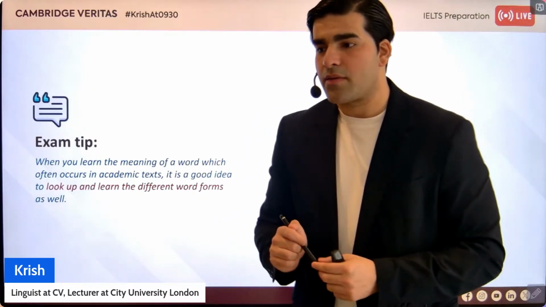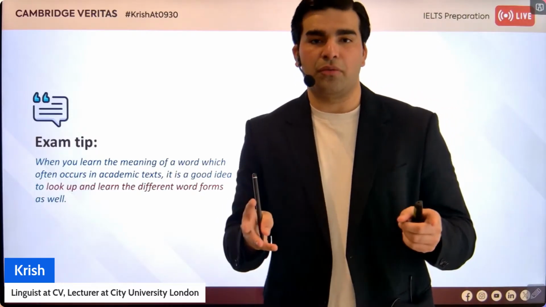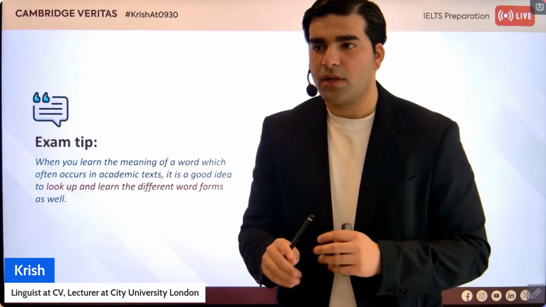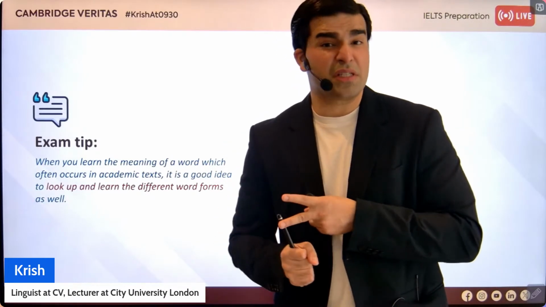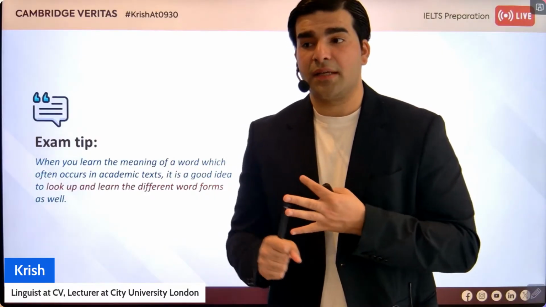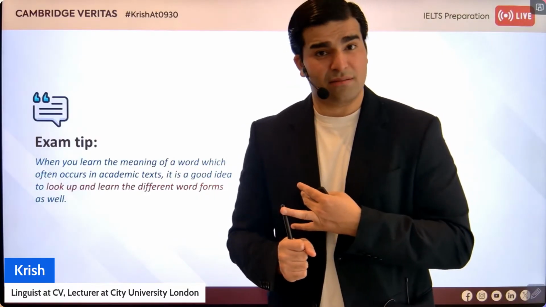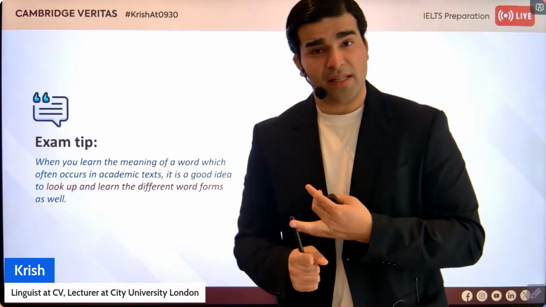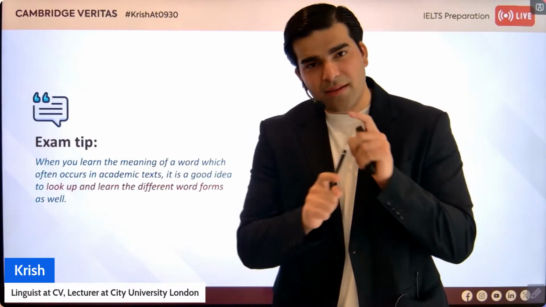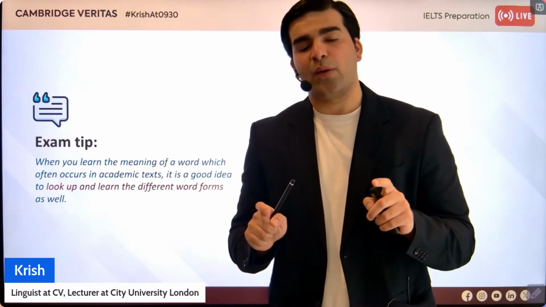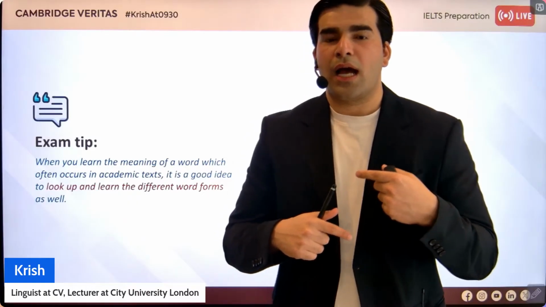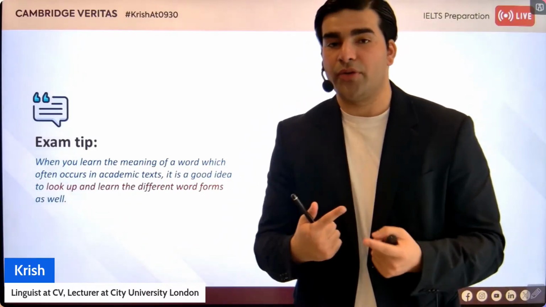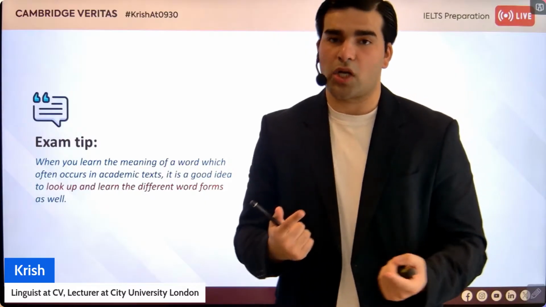Another example is if we say argue, a very simple example. Can we say argumentation? Can we say arguments? Can we say arguents? It's not a word, but can we say that? So the idea is look at the other versions and variety of the same word and see how it helps you expand your vocabulary and how you're able to use it in different contexts.